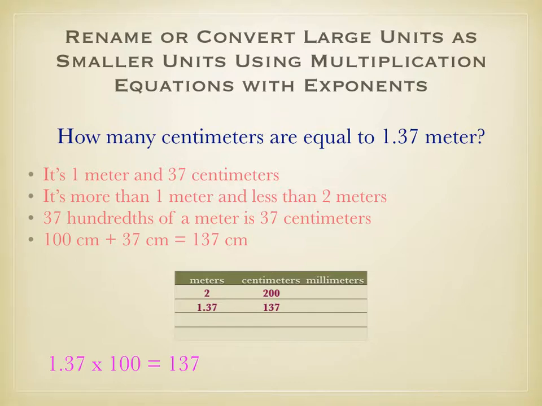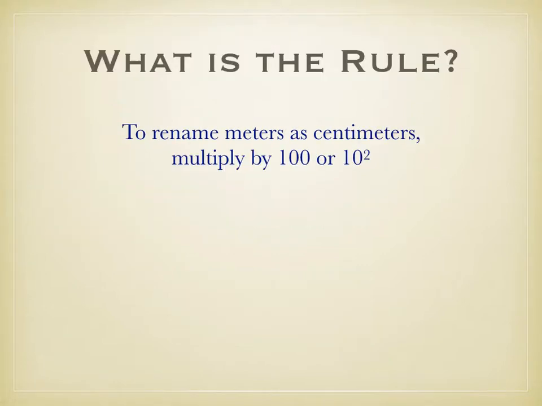But now how can we write it renaming that 100 using exponents? Well, it would become 1 37/100 times 10 to the second power equals 137. So the rule here is to rename meters as centimeters, you multiply by 100 or 10 to the second power.